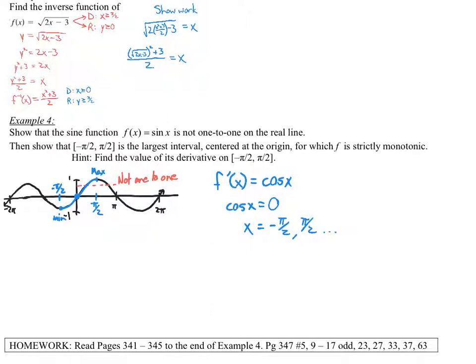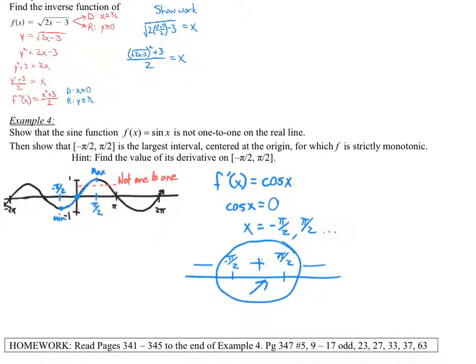And then we could show a whole sign diagram. Negative pi over 2, pi over 2. And we see it's increasing, it's positive, negative over here. So that's going to be our monotonic interval.